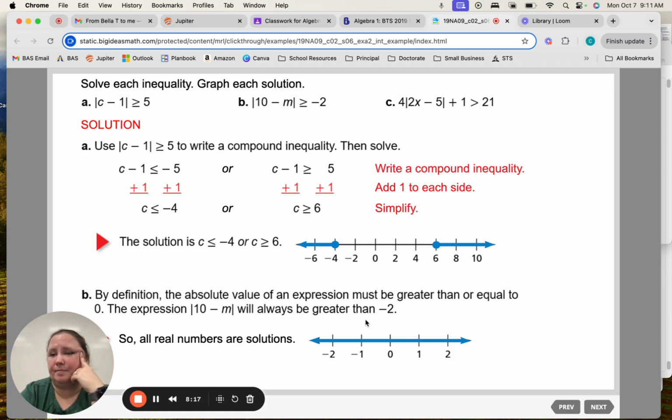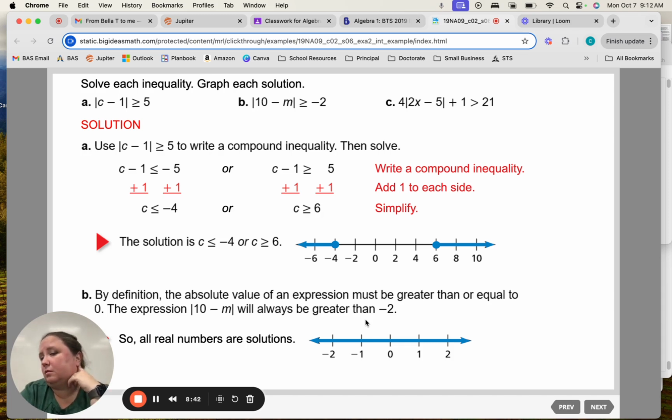So how do we recognize that? If there's a negative number and the absolute value is greater than or equal to, or just greater than, that value, it's always right, because your answer for an absolute value of something is always going to be positive.